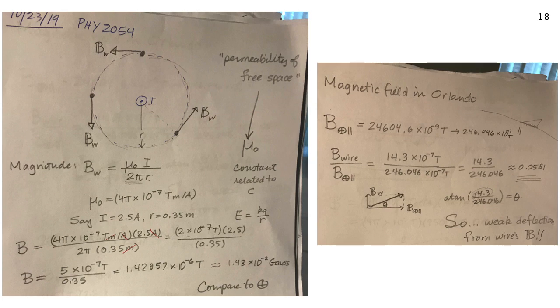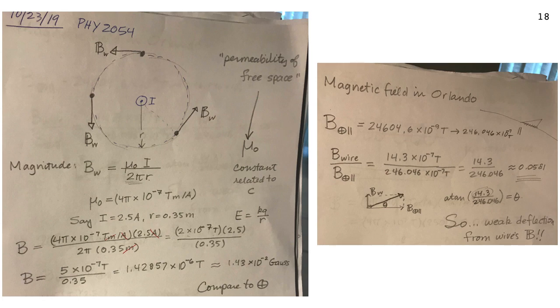Okay, now let's make the radius of this R. All right. Now, we know that if the current is coming out of the page, the magnetic field vectors at this distance are counterclockwise.